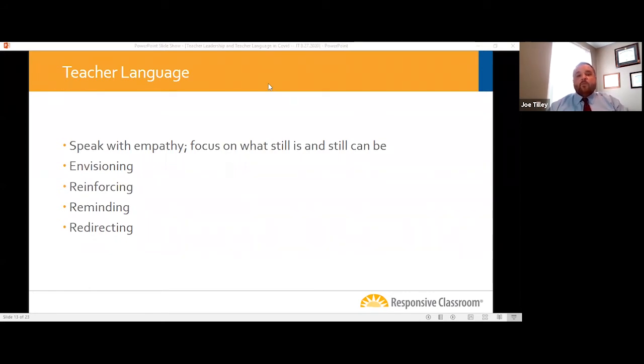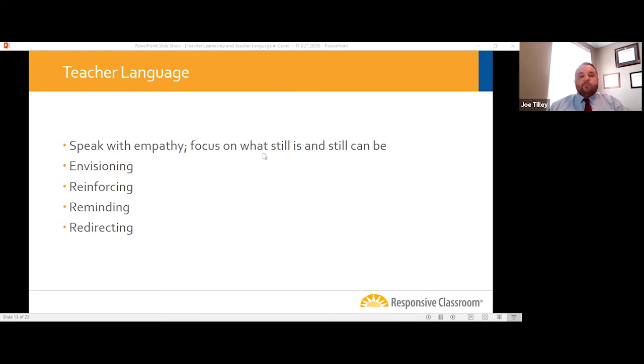The way that we would comfort a student who was having an issue within the classroom is now going to change. All of those pieces are going to be adjusted based off of what still can be. And so leading and focusing on that is really critically important.